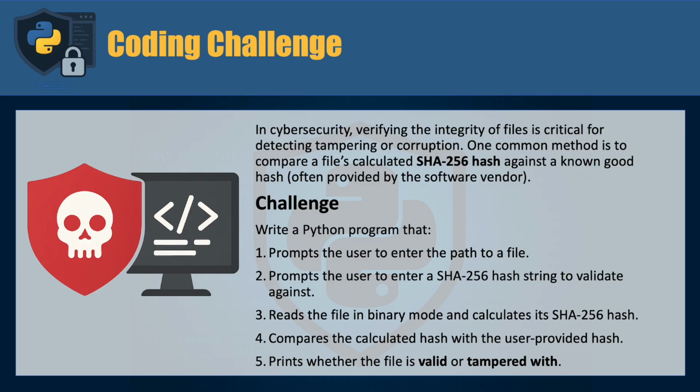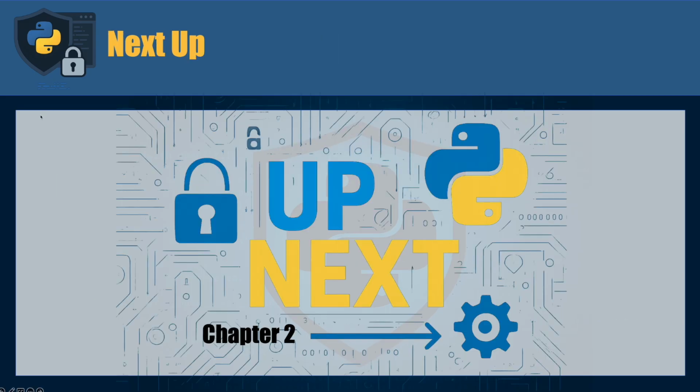Then it should prompt the user for a SHA-256 hash string to validate against. You'll need to read the file in binary mode and calculate its SHA-256 hash, and then compare it with the provided hash. It will print whether the file is valid or tampered with. Next up, we'll jump into Chapter 2.